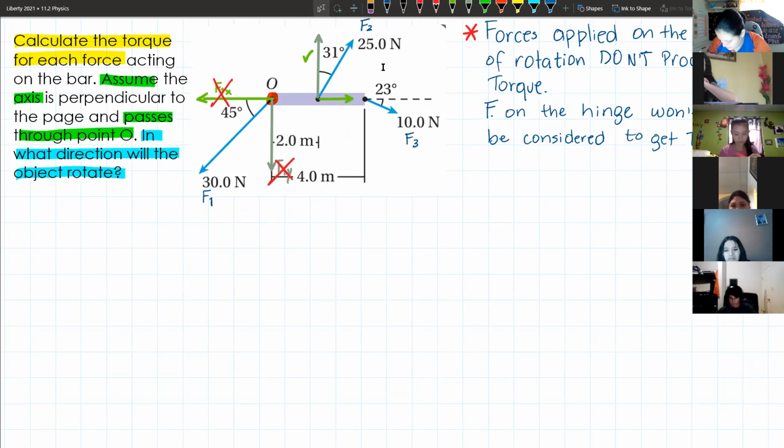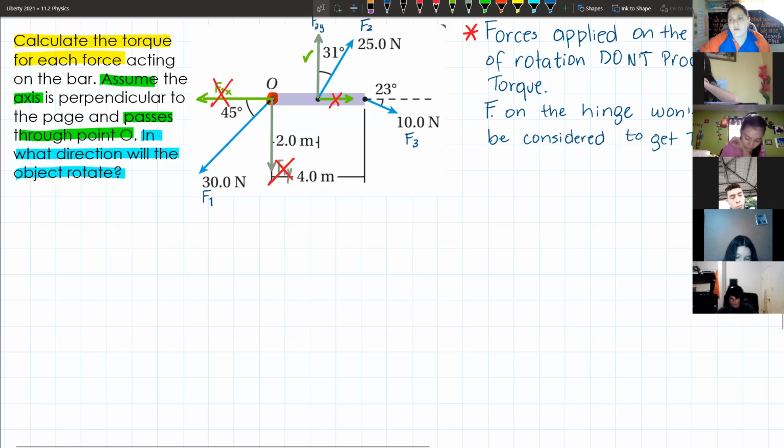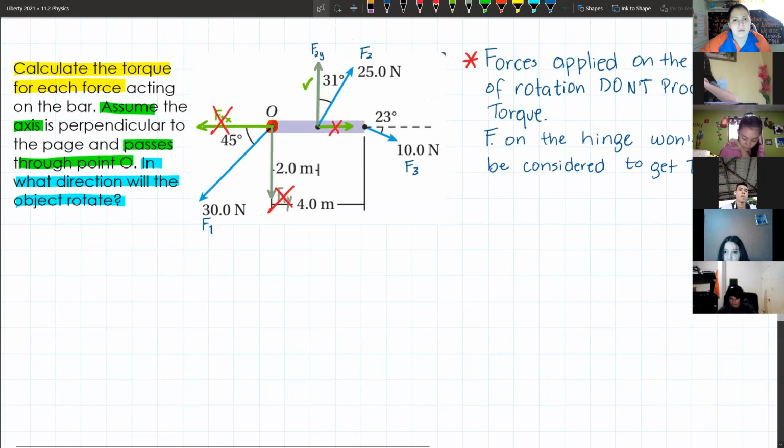So this one here, no. Now, what is this force? How do we name that force? Is it the component in X or the component in Y? Y. So it is F2Y. That is how we're going to call it. Remember that forces need a name.